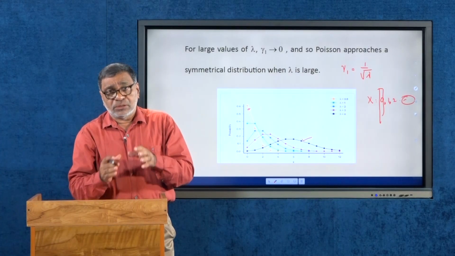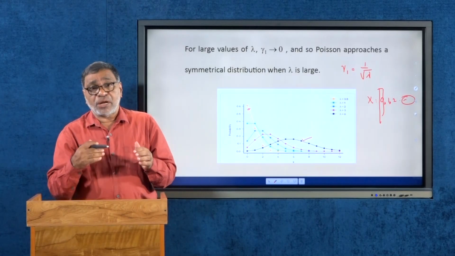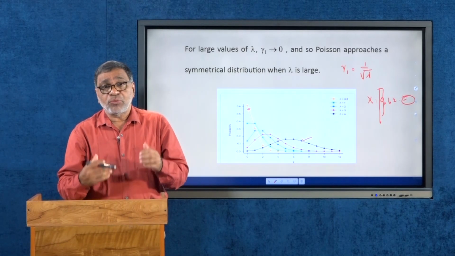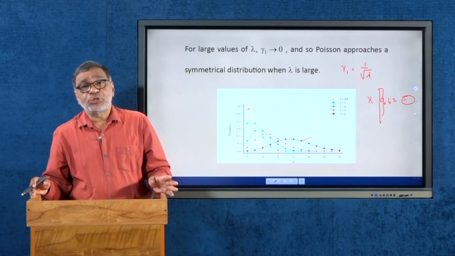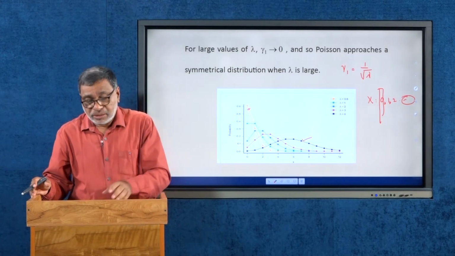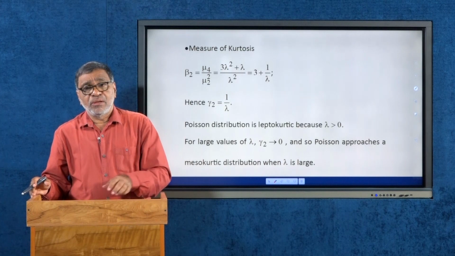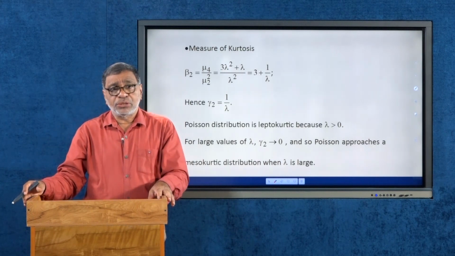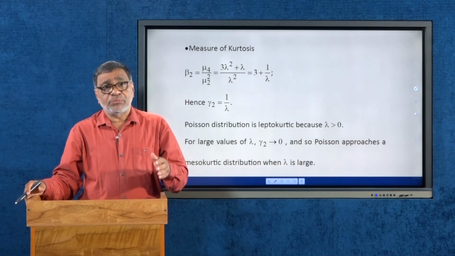So, the probability values on the left side, the values of the probability mass function, exhibit a positively skewed character. And regarding the kurtosis of the Poisson distribution, we know the measure of kurtosis in terms of beta 2.